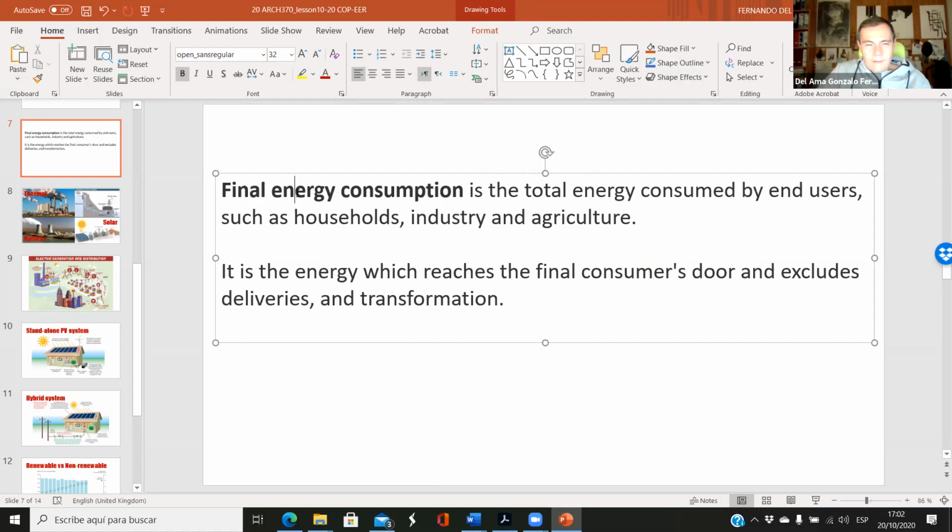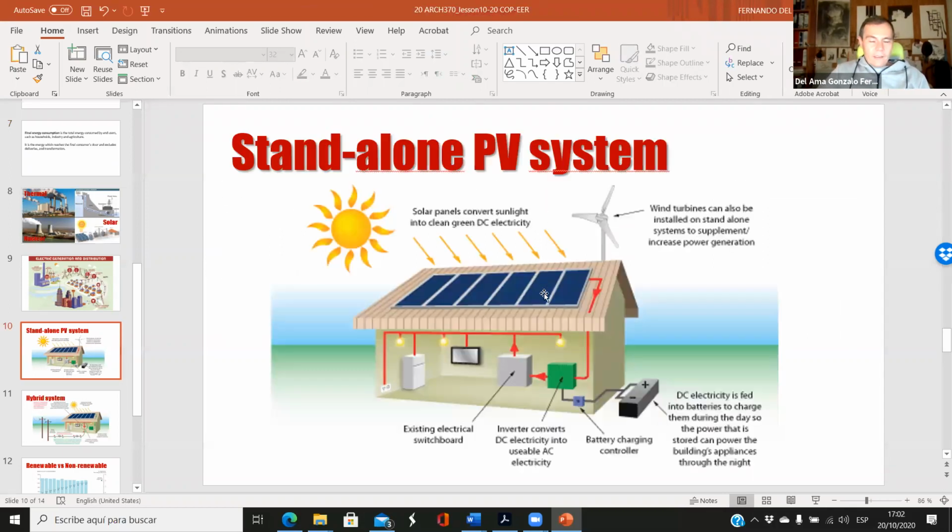So that means that if we are using this final energy from a nuclear plant or a thermal plant that is 50 miles away from my house, I'm losing a lot of energy. If I'm generating this on site, I'm not losing anything on transportation. So that's a very efficient way to address this problem.